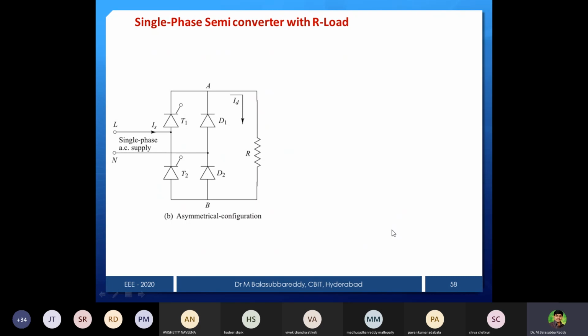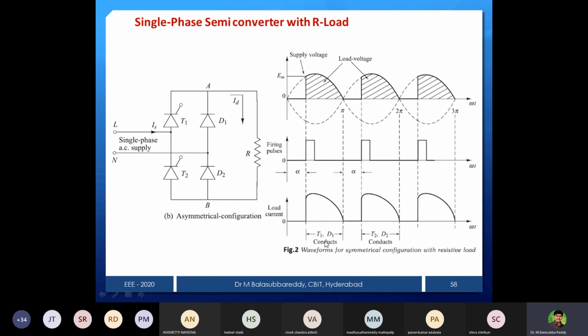So now we can make use of the asymmetrical configuration. Again, the things are the same for R load; both are the same. Here T1, D1 are conducting. Here you make it D1, for convenience, the same notation you can follow, and here you can use the T2 device name.